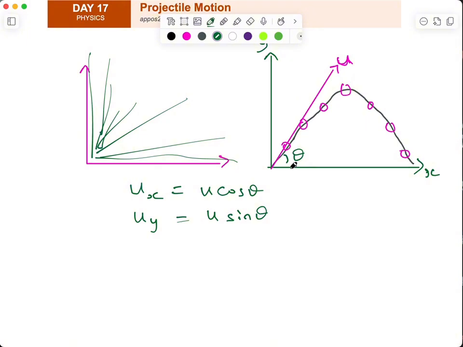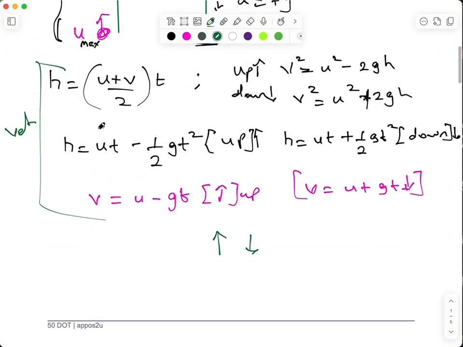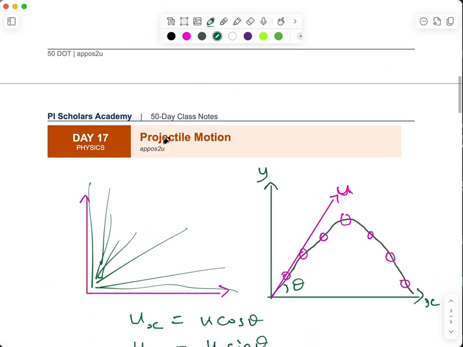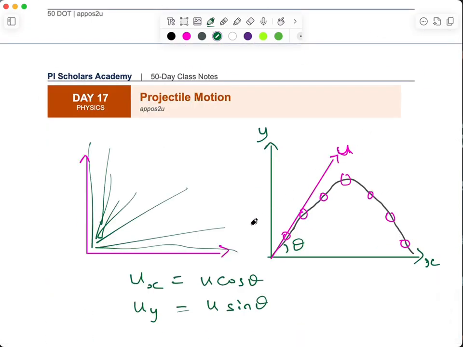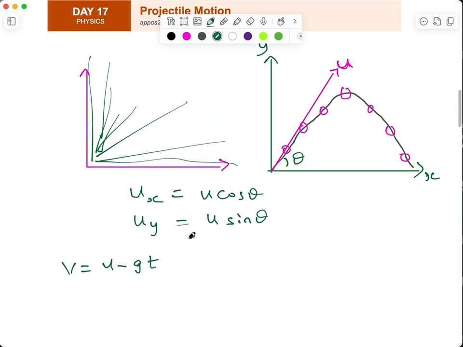So the components of this now, based on the equations of motion that we have, we're going to be using most of the vertical component of this motion because, as you can see, this body is proceeding up. So if we start with v equals u, I told you when it is going up, it will be v equals u minus gt. So let's do something here.